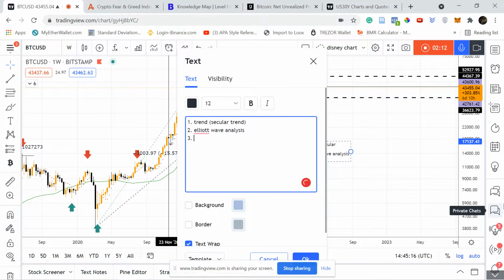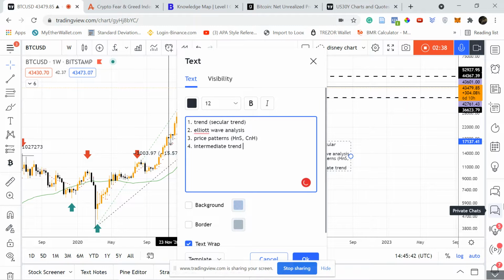Then I look for price patterns. So we're talking about head and shoulders, cup and handle, and so on, wedges, triangles, etc. Then obviously I look at the intermediate trend.